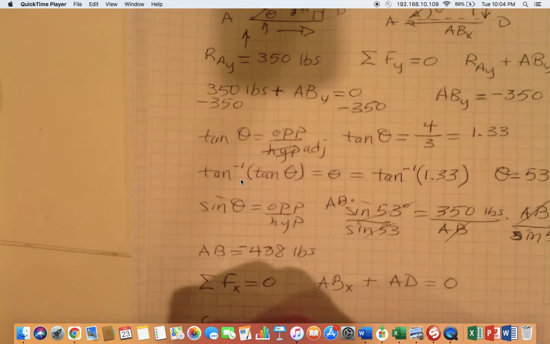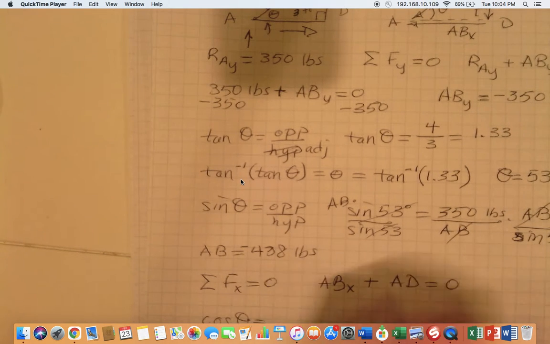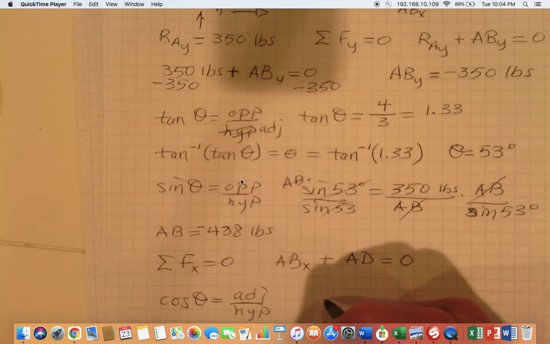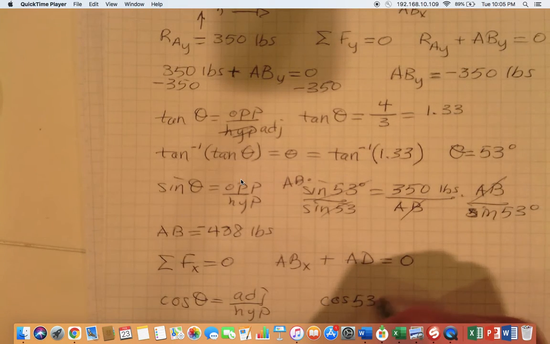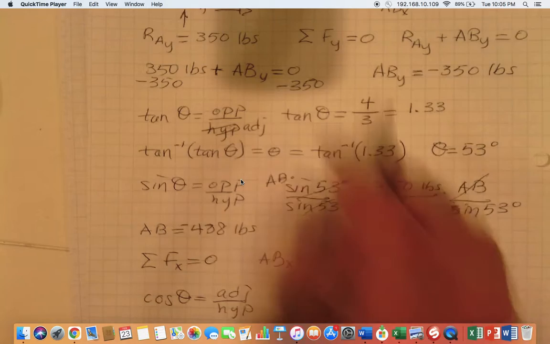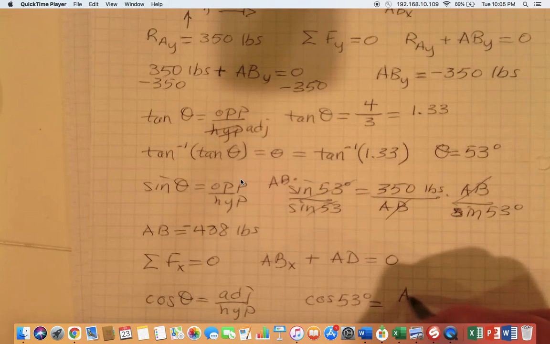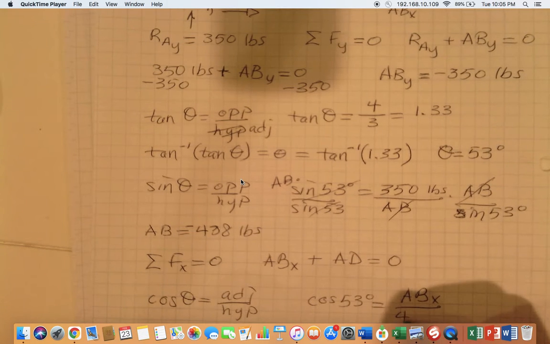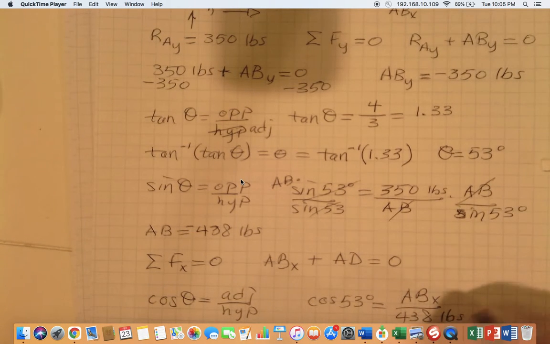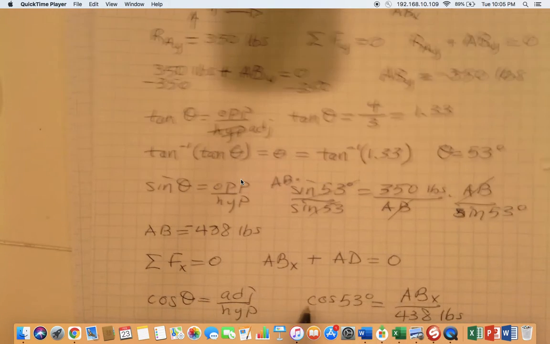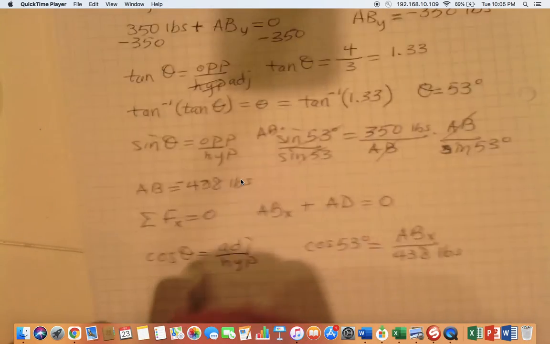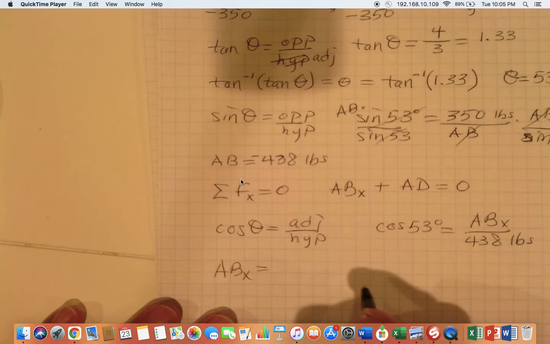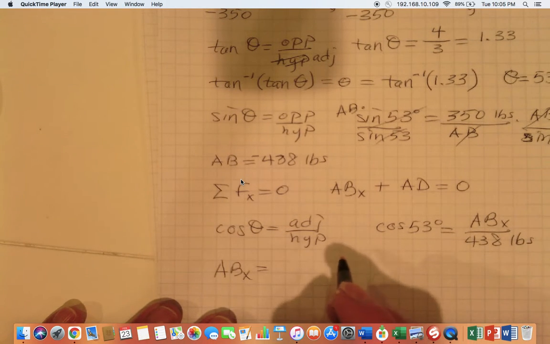We can do cosine theta is equal to adjacent over hypotenuse. Again, the angle is 53 degrees in this case. The adjacent side to this angle is ABX, and the hypotenuse is AB. And so if we solve for this by just multiplying both sides by 438, we get ABX is equal to 270 pounds.